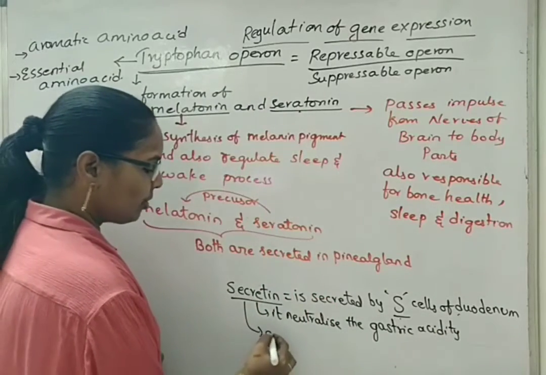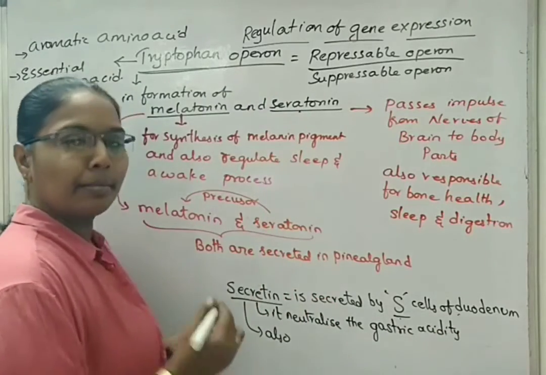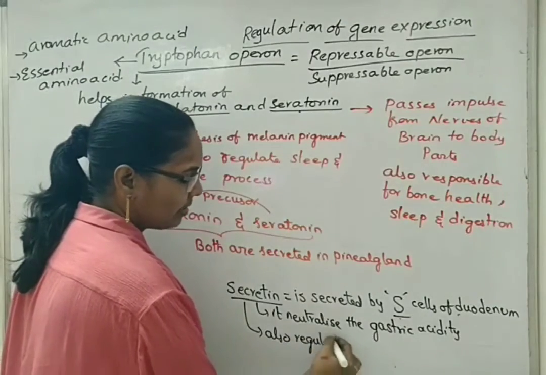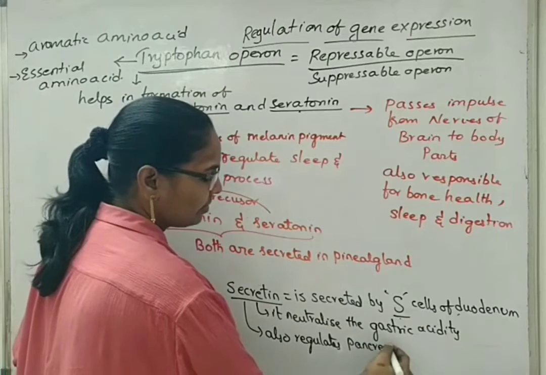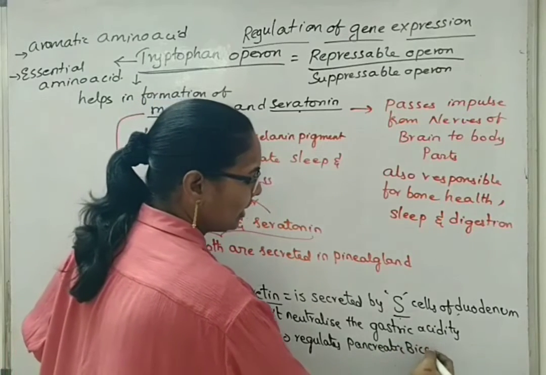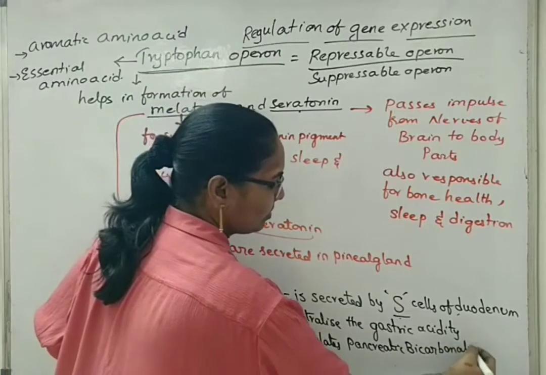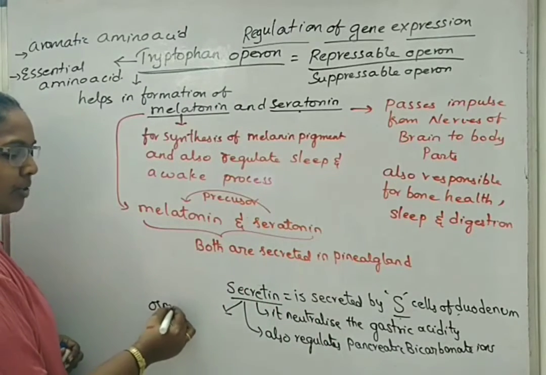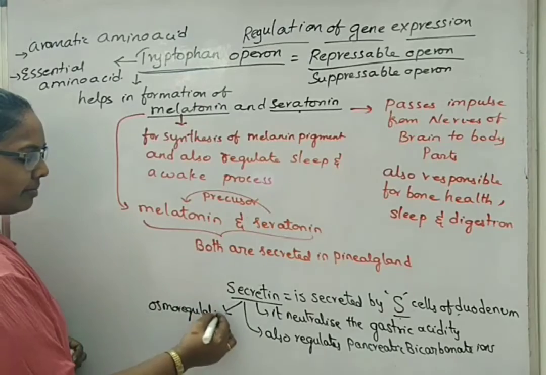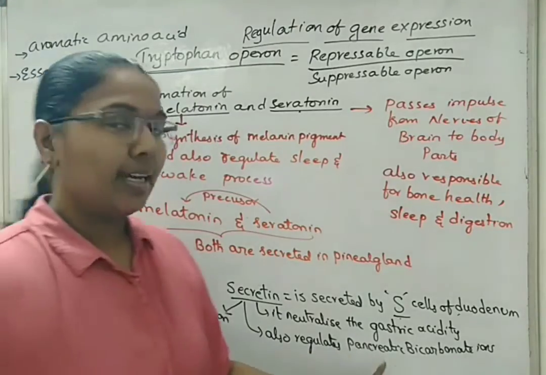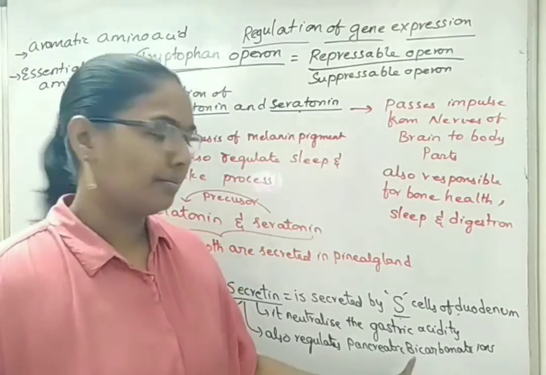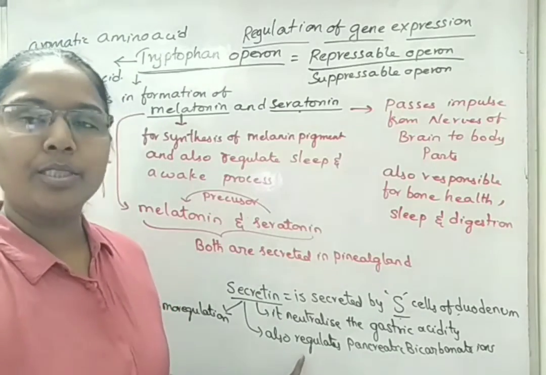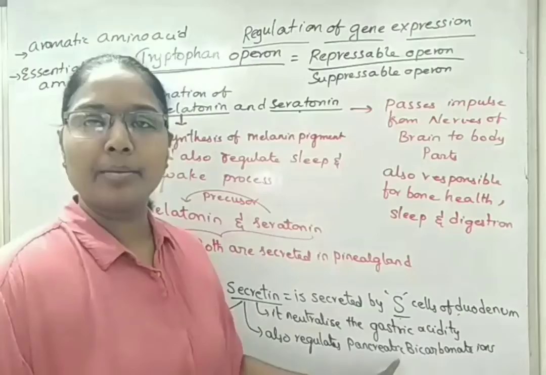It also regulates the pancreatic bicarbonate ions, and it is also involved in osmoregulation. If bicarbonate ions are not produced by the pancreas, then bile juices do not have these bicarbonate ions.